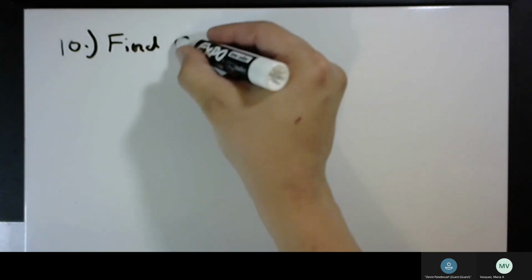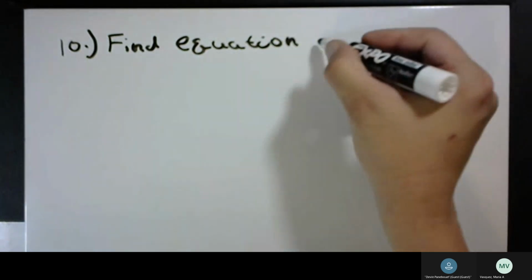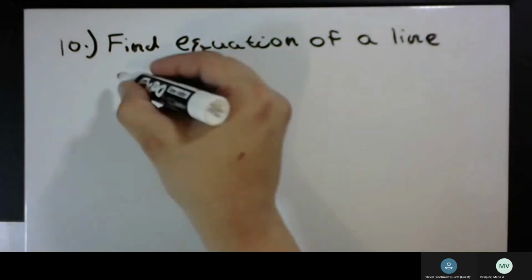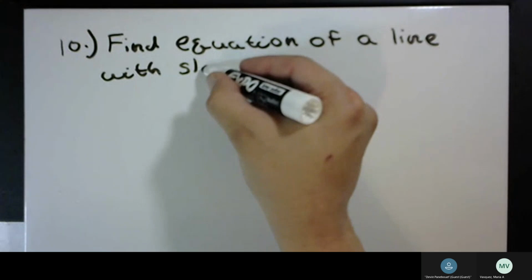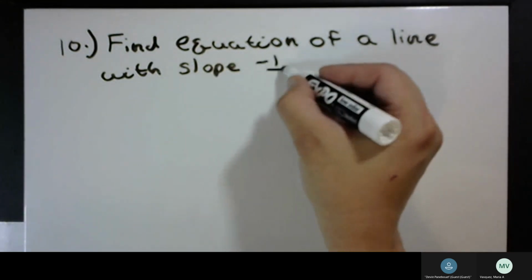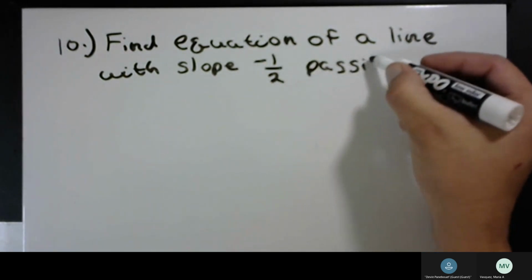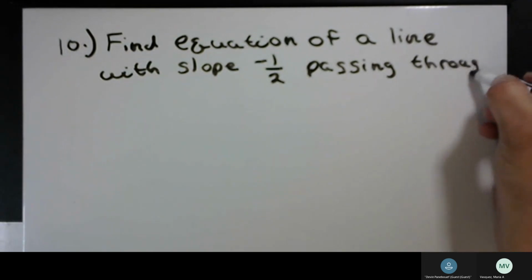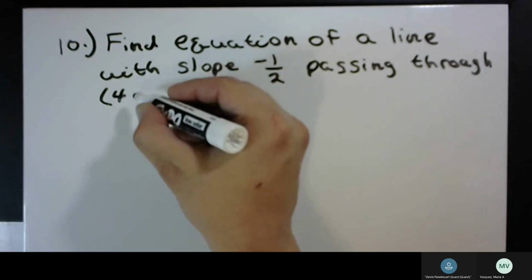So let's find the equation of a line with slope -1/2 passing through 4, 1.